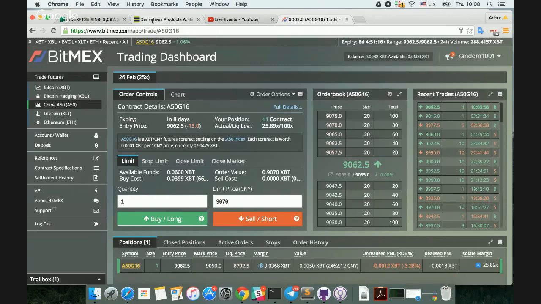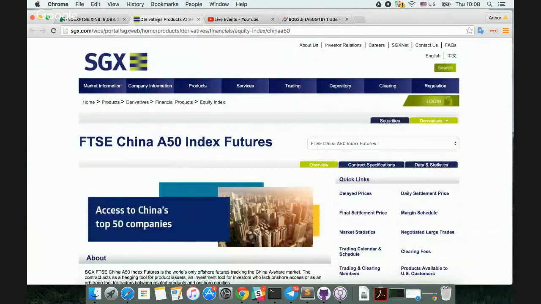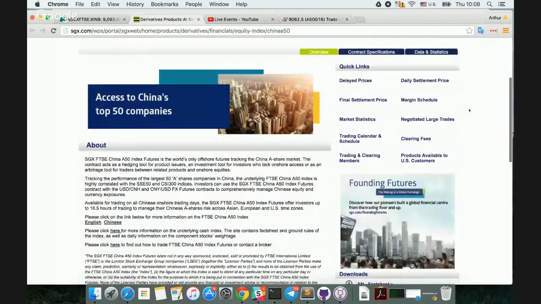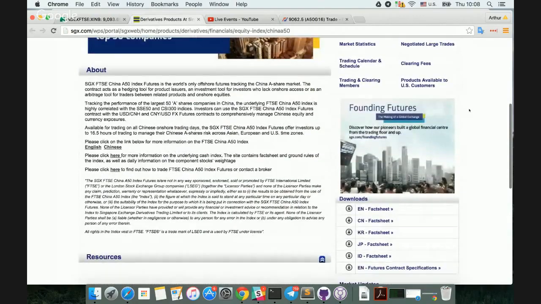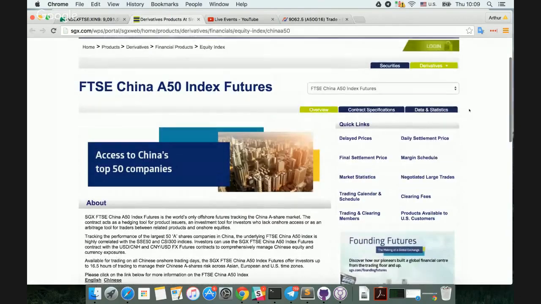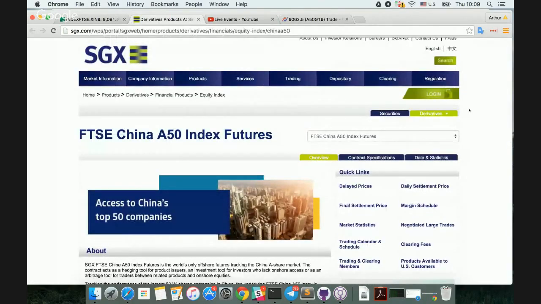Now, if you want to get some more information on the SGX futures contract, you can visit their website. They have a fact sheet where they'll tell you all the relevant details about the contract. They even have some delayed prices, and they give you your margin schedule.